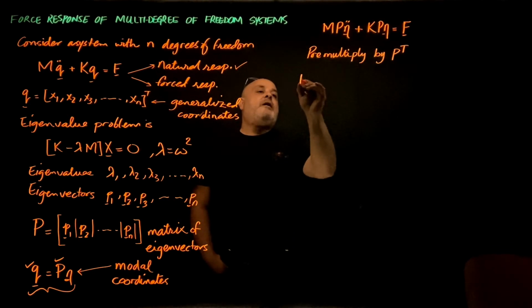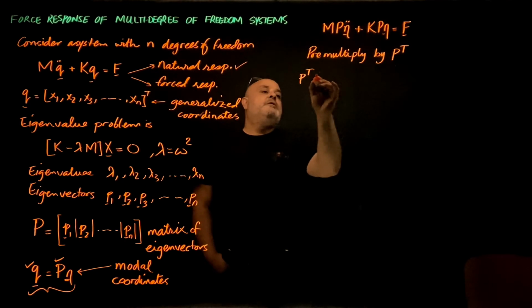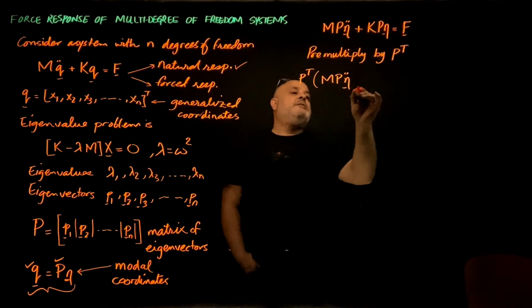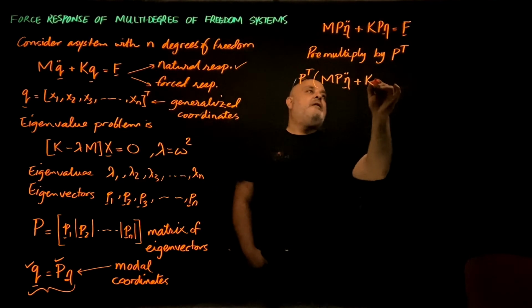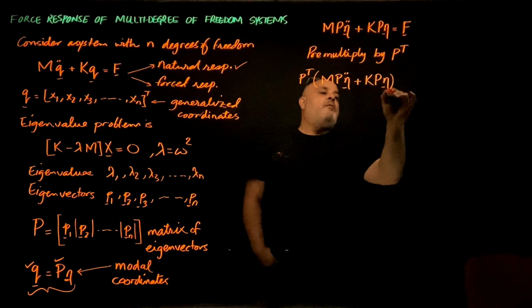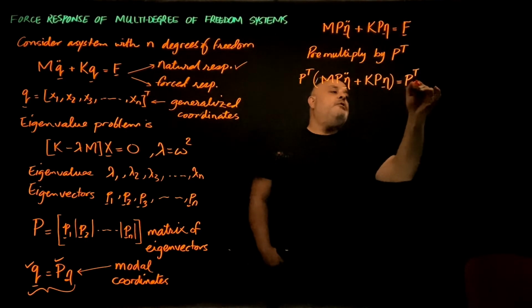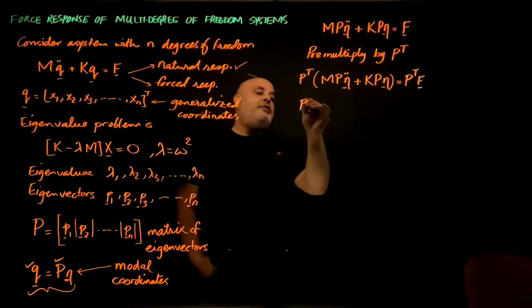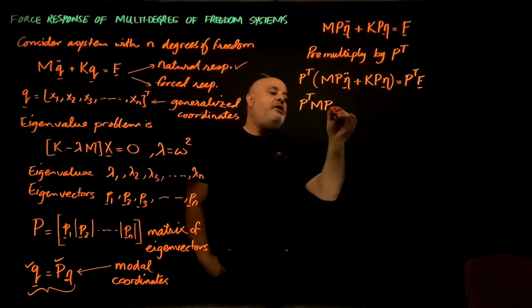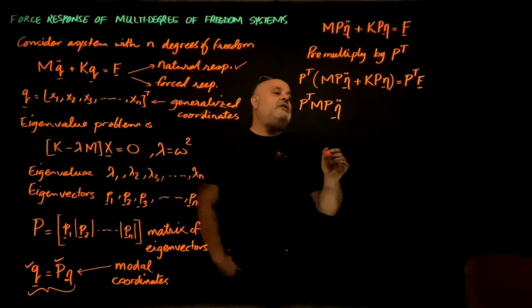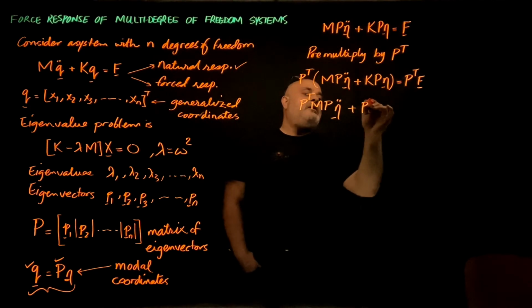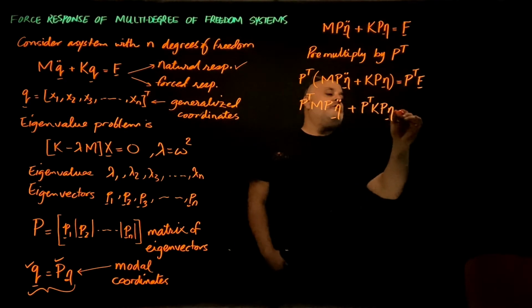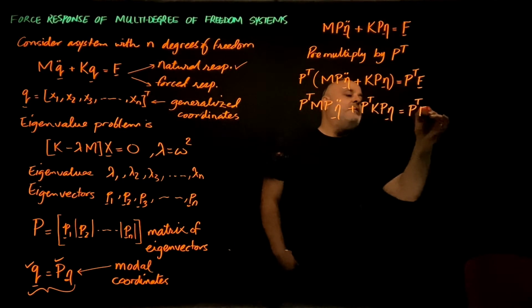So I will have P transpose times M P eta double dot plus K P eta equals P transpose F. If you expand now, P transpose M P eta double dot plus P transpose K P eta equals P transpose F.